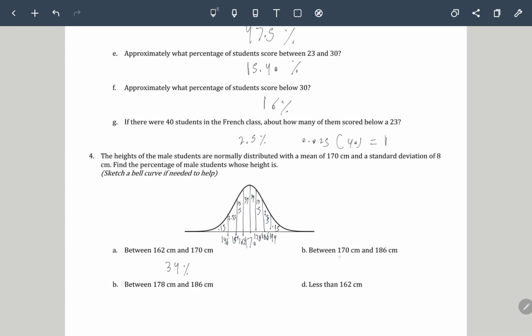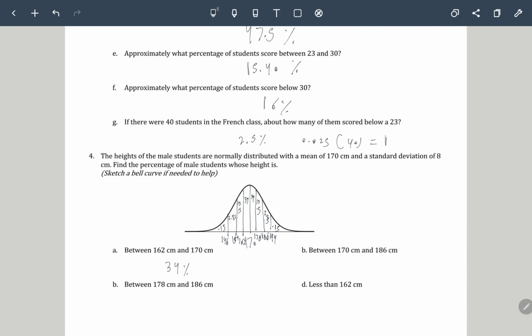With that, we can go on to the next one, which is between 170 and 186. Now, let's see. 170 we got here, and 186, right? And between these, we have 34 and 13.5. Now, as we know, 3 plus 4 is 7, and 3 plus 1 is 4.